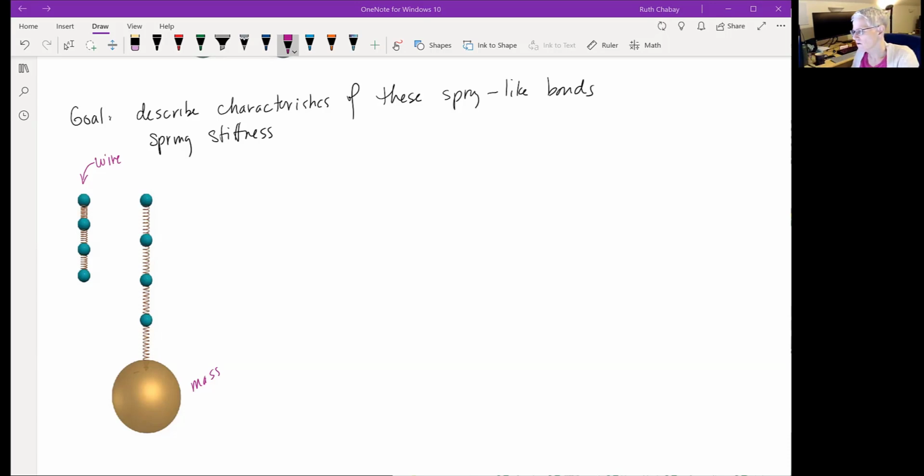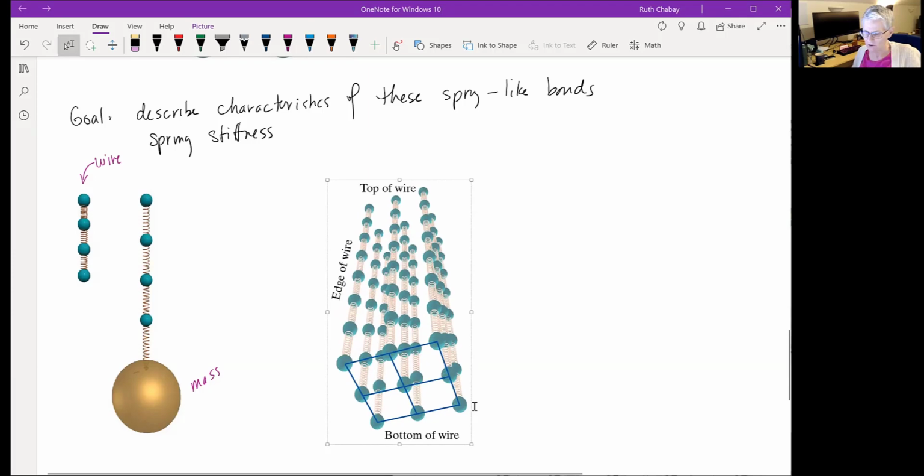Now, there's some counting involved, because wires are three-dimensional, they're not one chain of atoms.